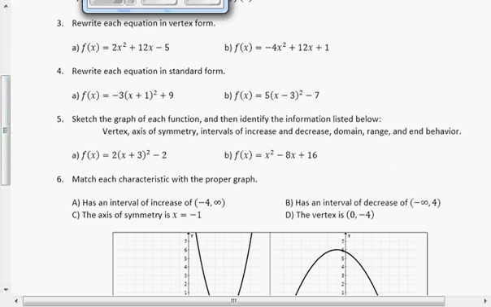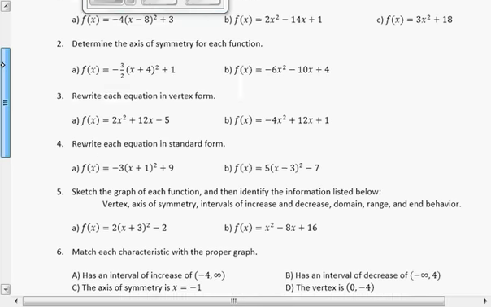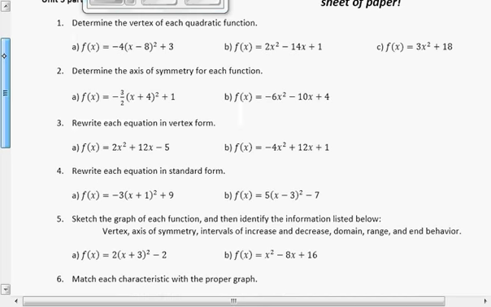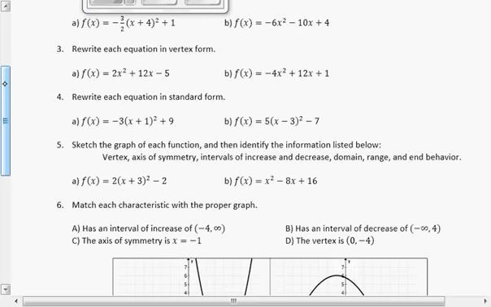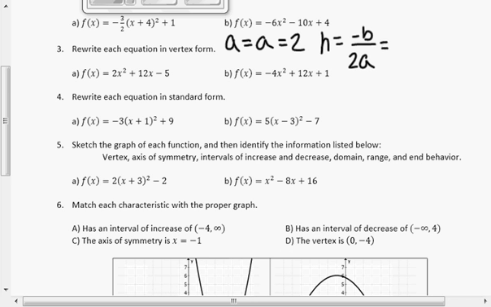For number 3, it's putting it into vertex form, so it's doing what we did up in number 1 with b. So you can just do what we did. It's going to be a equals a again, which is 2. h is negative b over 2a. b is 12, so it's negative 12 over 2 times 2. 2 times 2 is 4. Negative 12 divided by 4 gives you negative 3 for h.